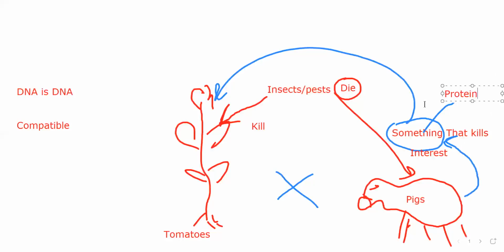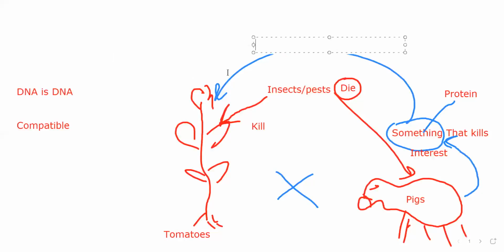And in the body, to make the protein, where does the information come from? Where does the information for making proteins come from? From our DNA. Thank you, from DNA, specifically from a gene.